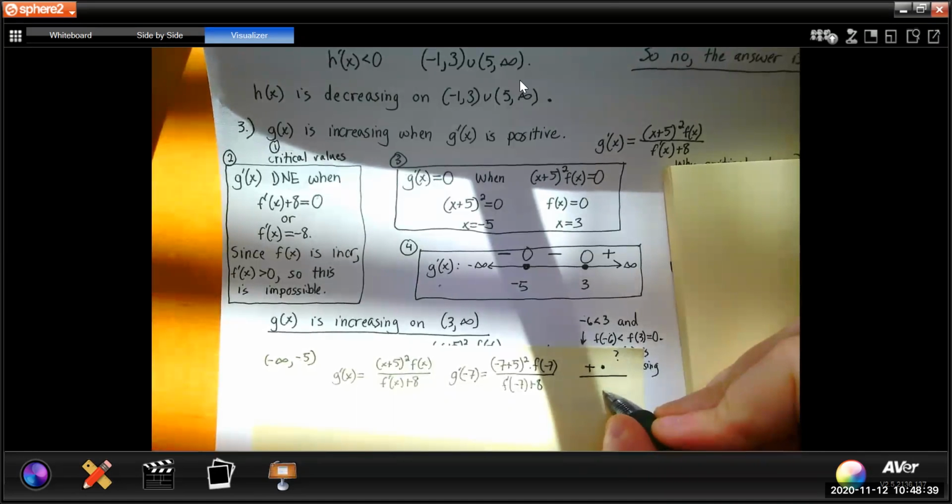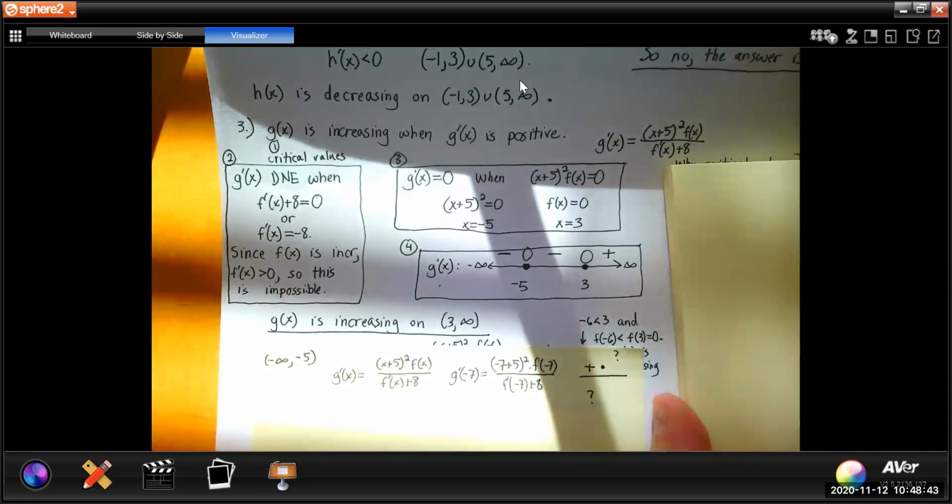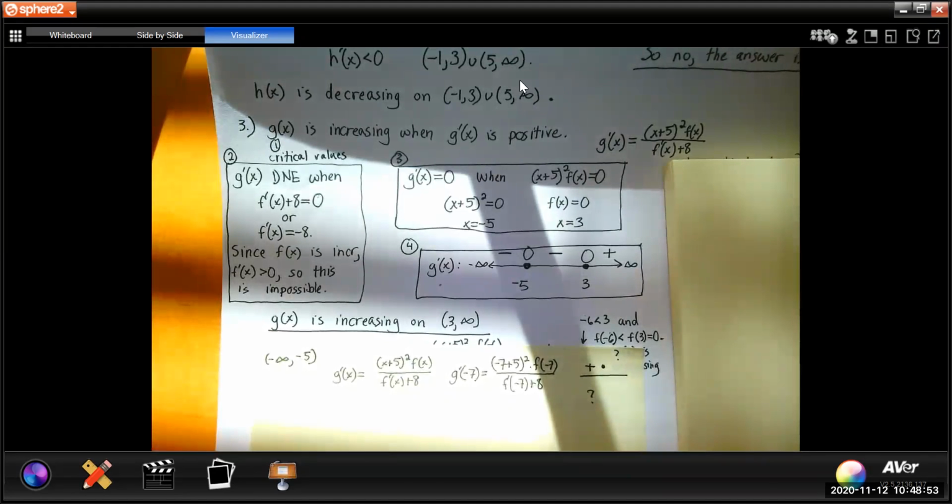And what about f prime of -7? We cannot figure out the value of f of -7, but we can actually figure out its sign. Likewise, we cannot figure out the value of f prime of -7, but we can figure out its sign. So what are the signs?